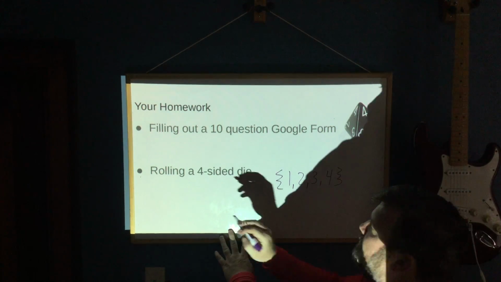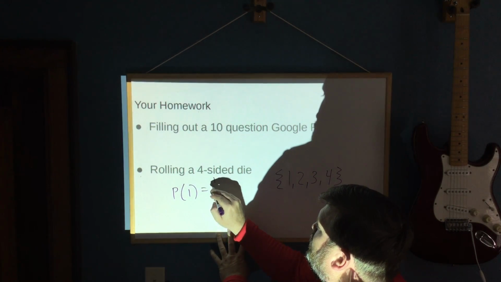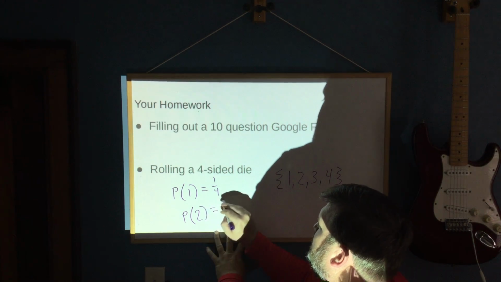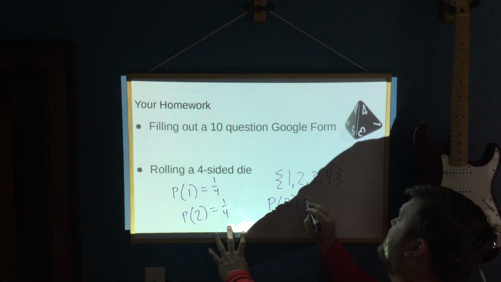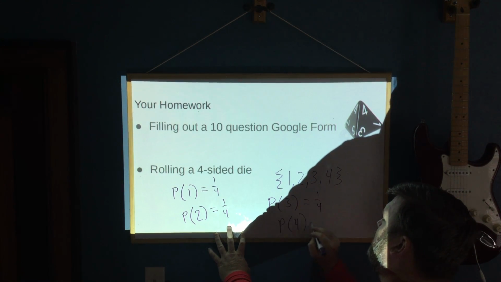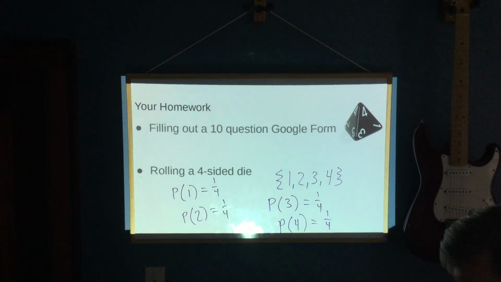In theory, the probability that you roll a 1 should be 1 in 4, a 2 should be 1 in 4, a 3 should be 1 out of 4, and a 4 should be 1 out of 4. That's what we did yesterday. The probability of those events happening should each be 1 out of 4.